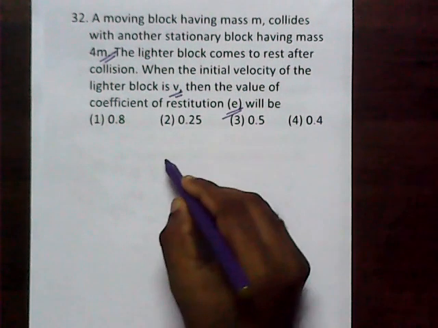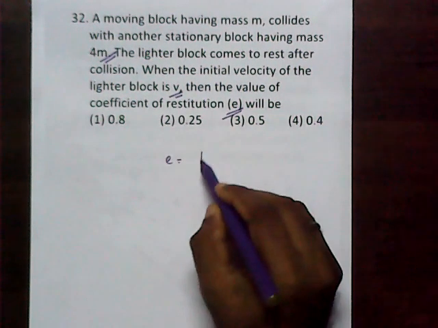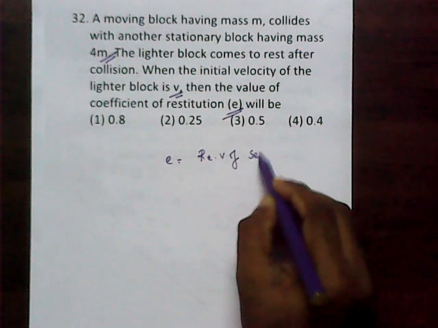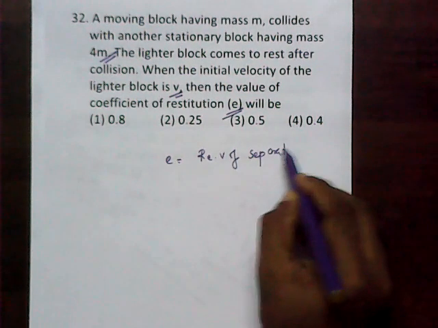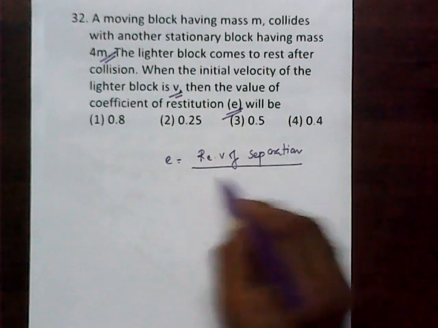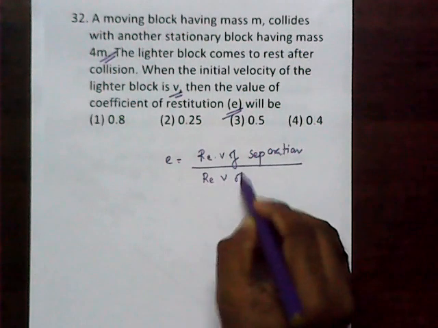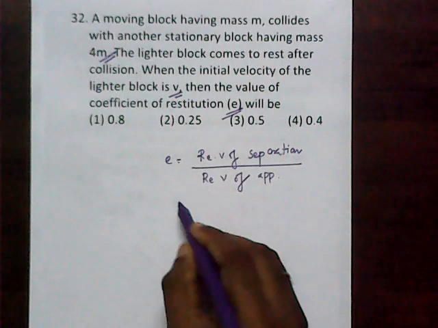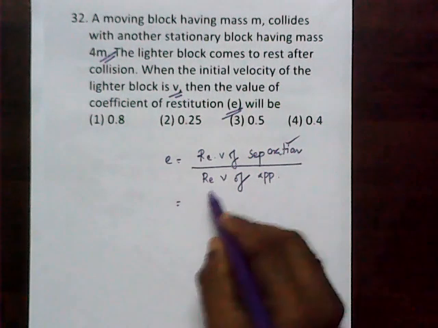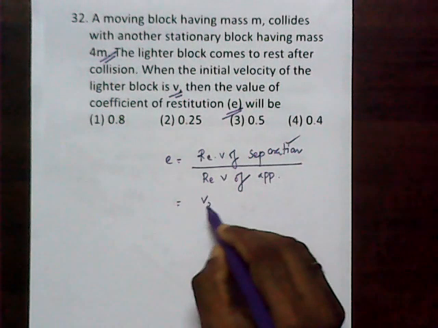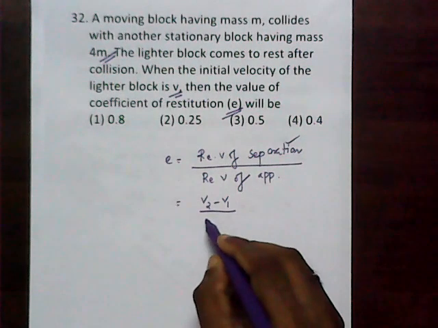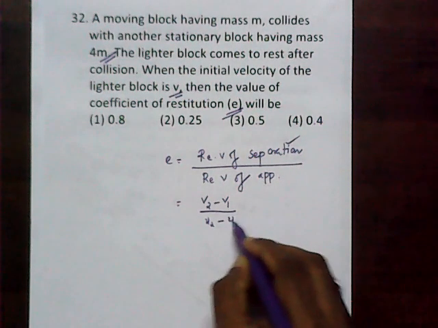The coefficient of restitution is nothing but the relative velocity of separation divided by the relative velocity of approach. After collision it is v2 minus v1, and before collision it is u2 minus u1.